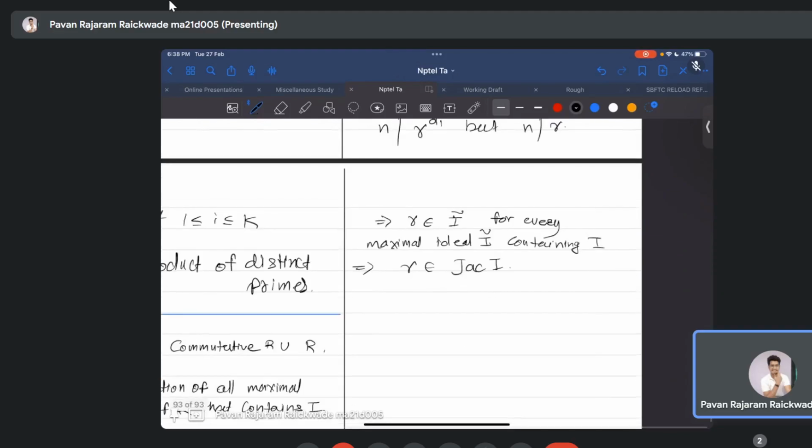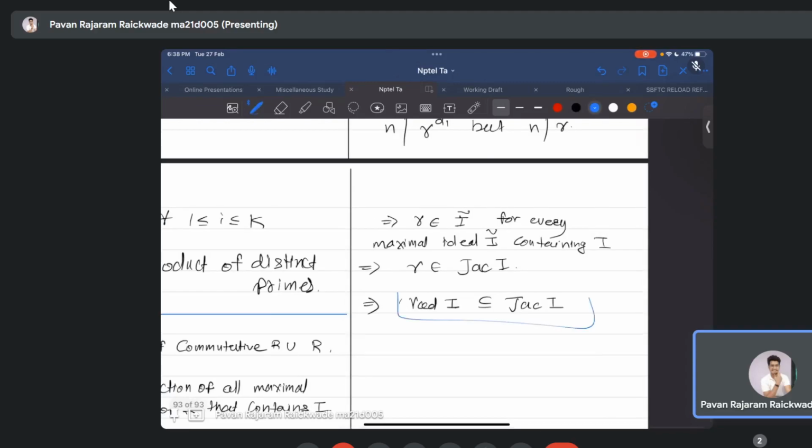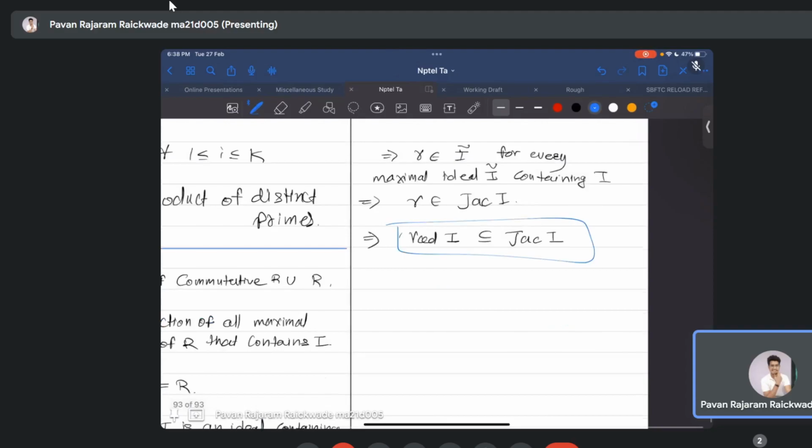That's all. I started with an element in rad I and ended up in Jac(I). This implies rad I is contained in Jac(I). Okay.